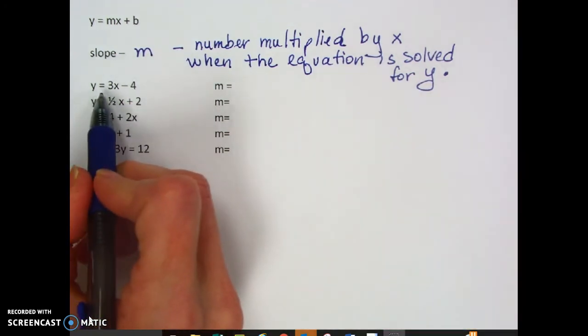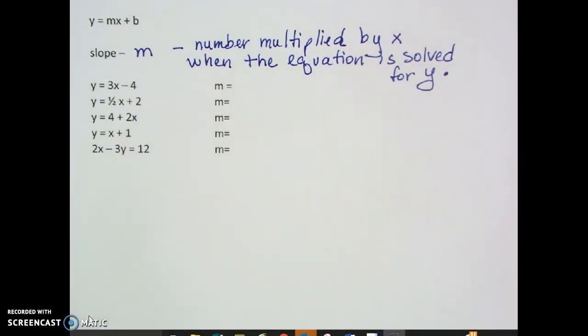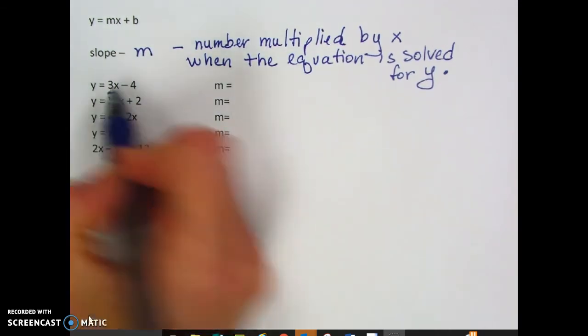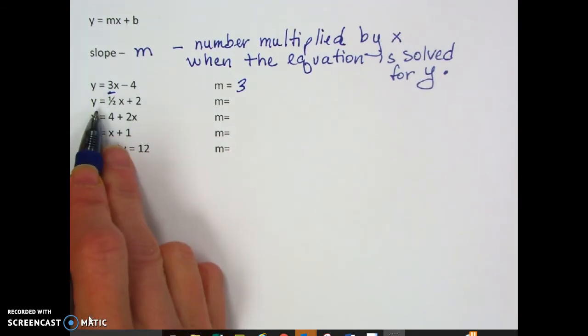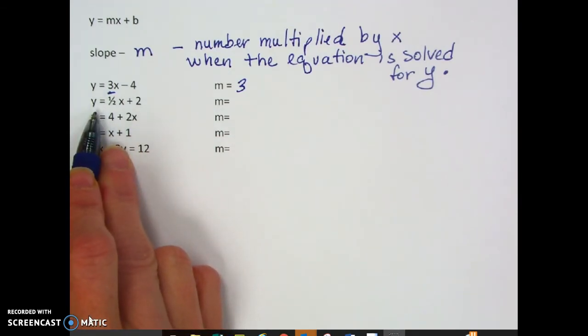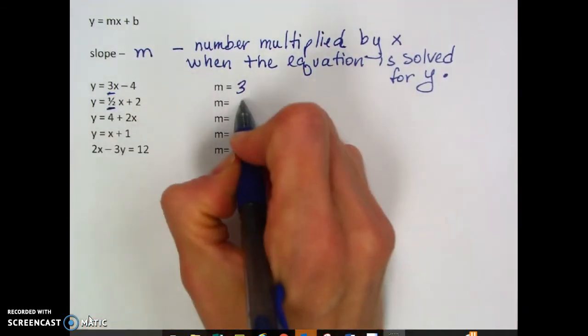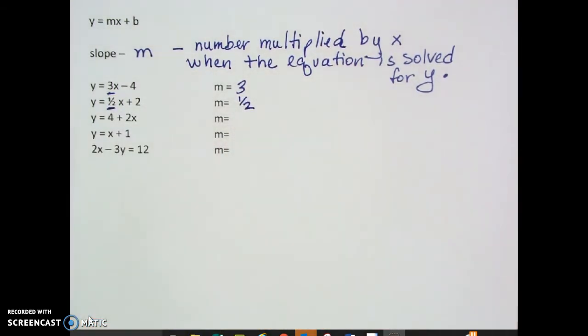So here's the first one, y equals 3x minus 4. What's the slope? Shouldn't have to graph it, should just be able to look at that. Slope is 3, the number in front of the x, the number multiplied times the x, coefficient of the x. And the next one, what's the slope? 1/2. Number in front of the x, multiplied times the x.